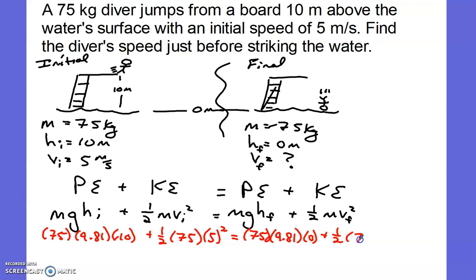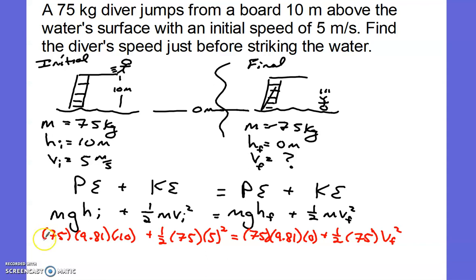We have 1/2 times the mass, which is 75, and then our unknown, VF, which is squared. We'll multiply all this out and add it.